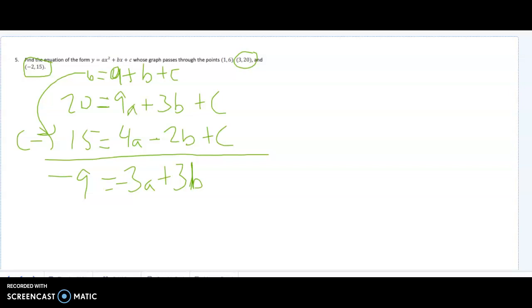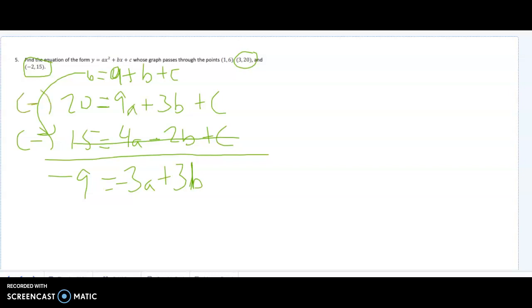Now let's act like that got rid of this one. Let's combine these next two, and we have to subtract again. So let's just subtract 20 again.